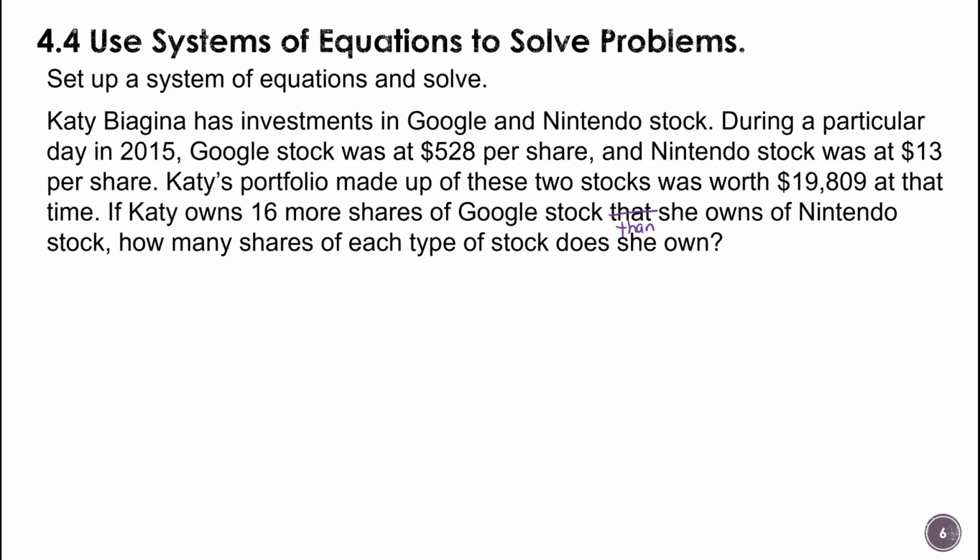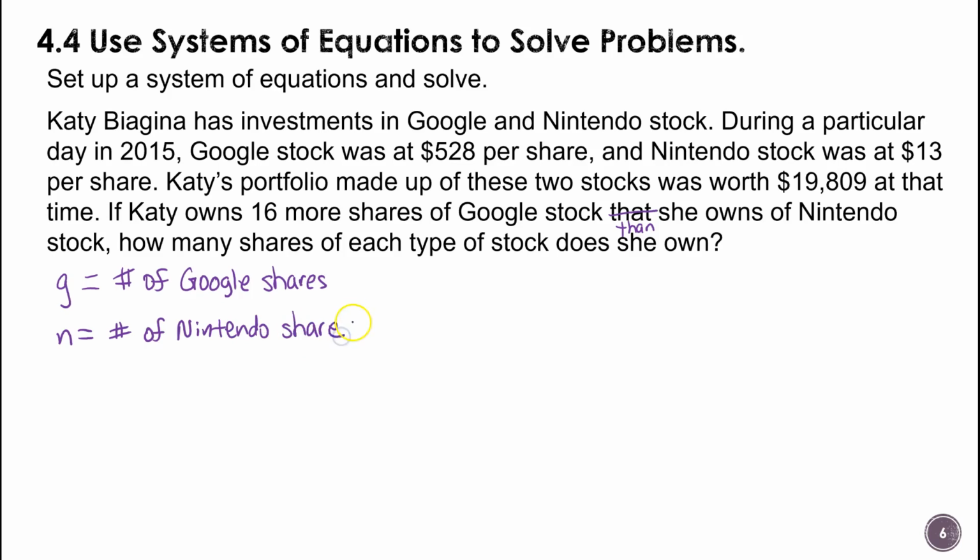Okay, so we're going to set this up, and I'm just going to use G and N, right? So G equals number of Google shares. And then N is the number of Nintendo shares.